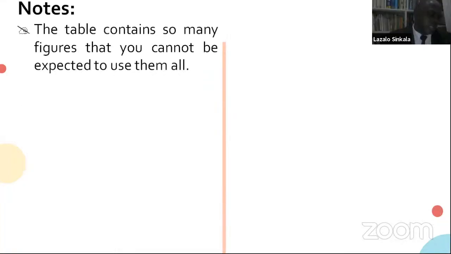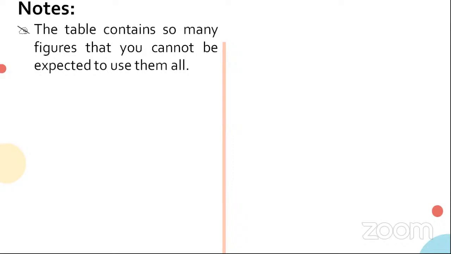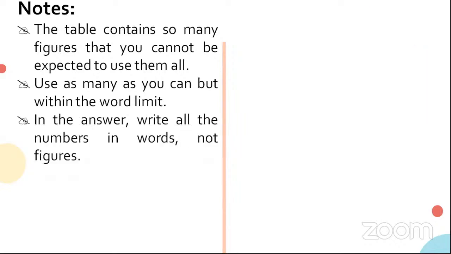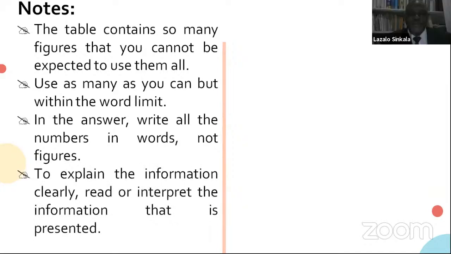How should we go about responding to such a question? We know that the table contains so many figures that you cannot be expected to use them all. Use as many as you can, but within the word limit, 250 to 350 words. In the answer, write all the numbers in words, not figures.